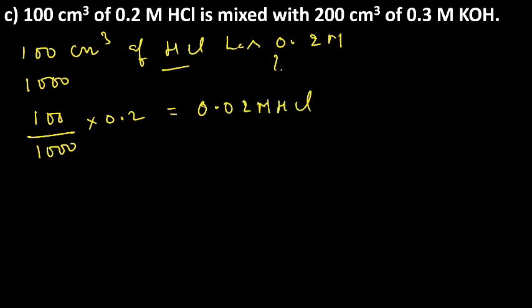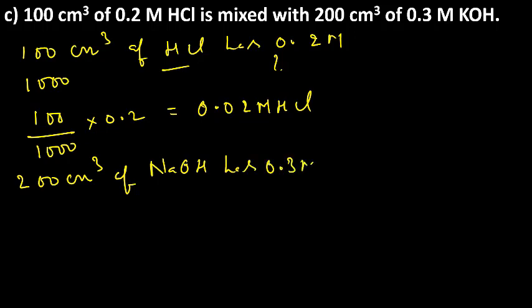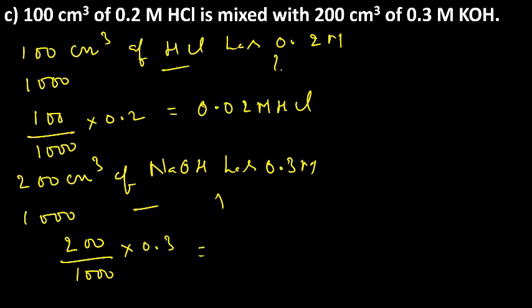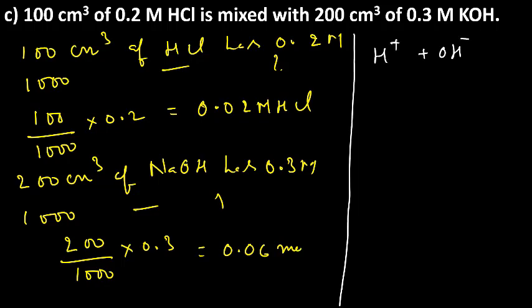In the same manner, 200 centimeter cube of NaOH has 0.3 m. In 1000 centimeter cube how much? Therefore, this is 200 by 1000 into 0.3. This is nothing but 0.06 mole. So, H plus plus OH minus gives H2O. For 1 mole it is 57.1.